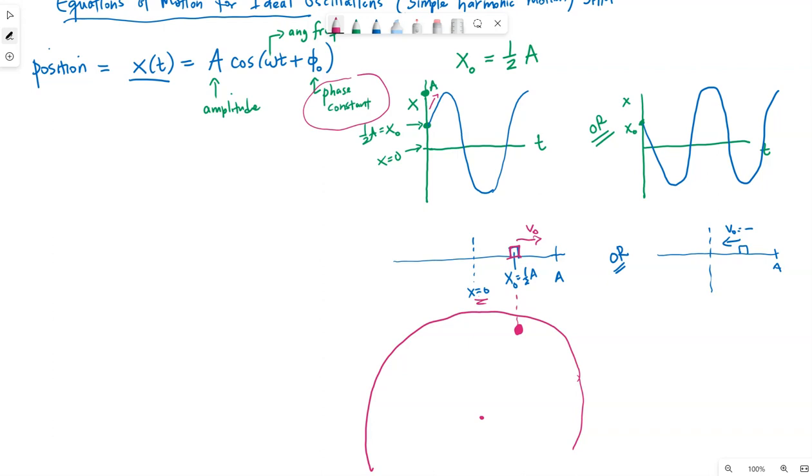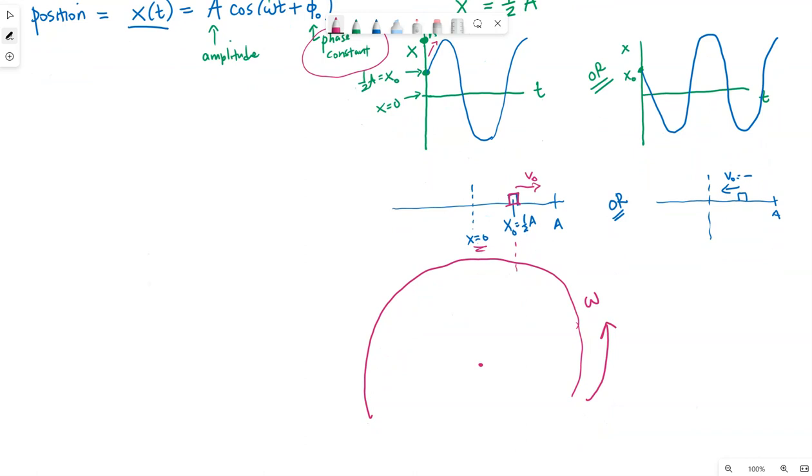If this disc is rotating counterclockwise, the peg has to be down here, so that as the disc continues to rotate this way, the peg will be headed towards that maximum amplitude, so that the shadow lines up to where it's headed.